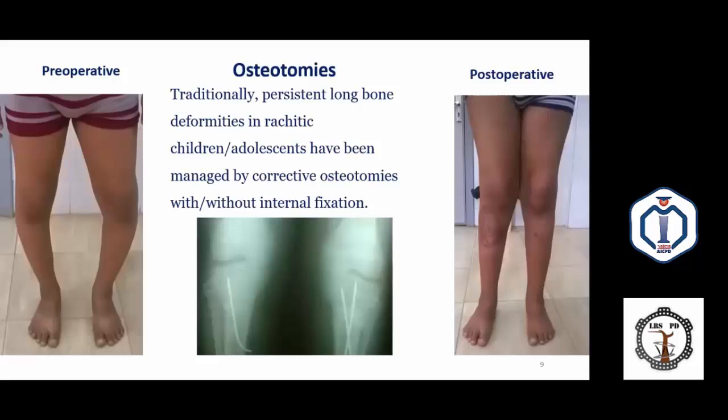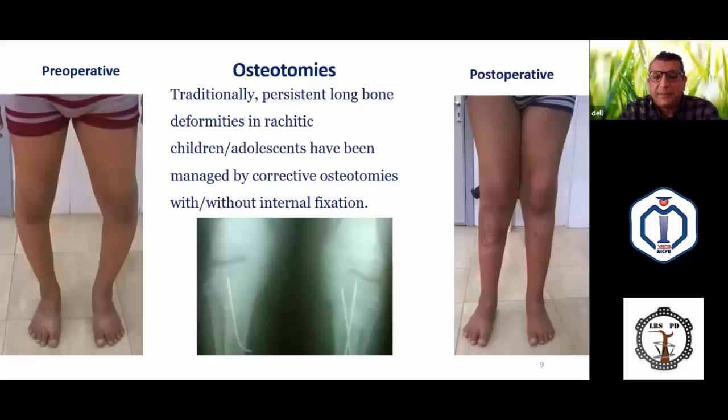Corrective osteotomies have different designs and different approaches, and some of them may be fixed with various implants. Some of them may not be fixed, and they usually need post-operative casting. As we see here, this is a proximal tibial osteotomy. The results are fairly satisfactory in this patient.